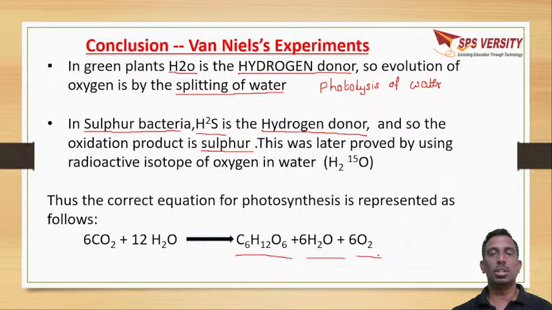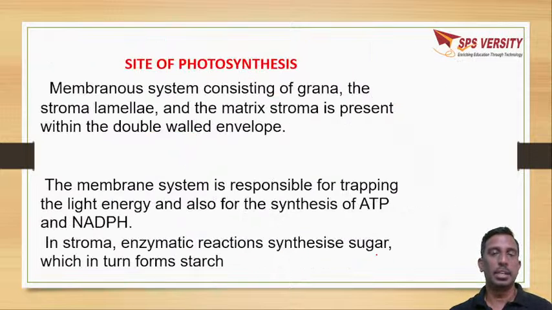That is, water is a hydrogen donor which undergoes splitting, that is photolysis of water. When you come to a few bacteria like sulfur bacteria, hydrogen sulfide will split, so finally sulfur is released. So the hydrogen donor is water in plants, whereas in sulfur bacteria it is H2S.